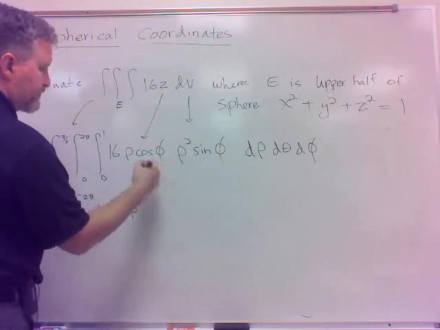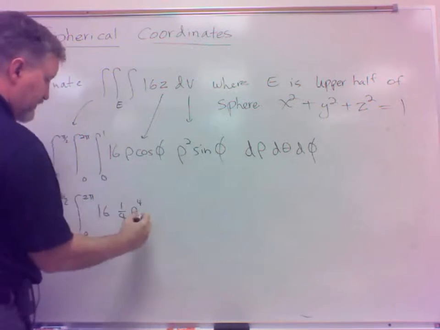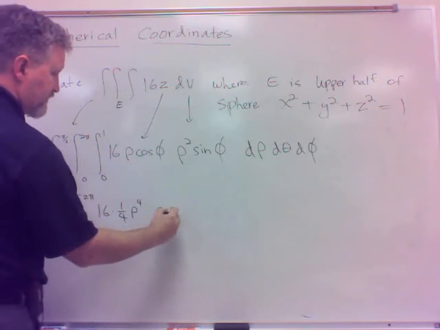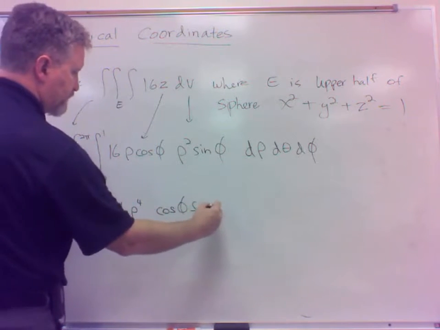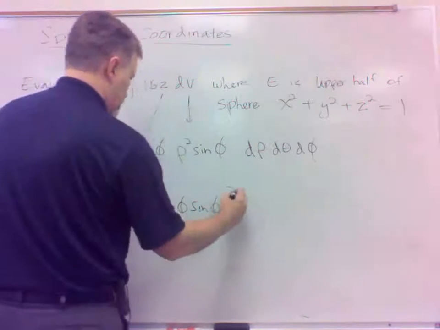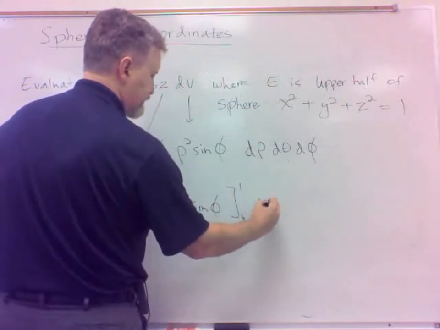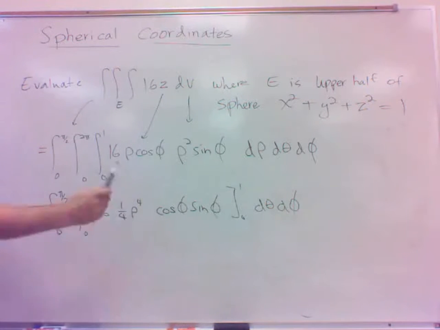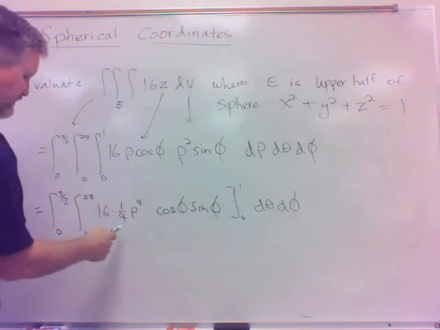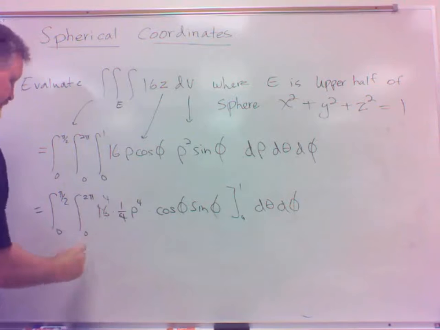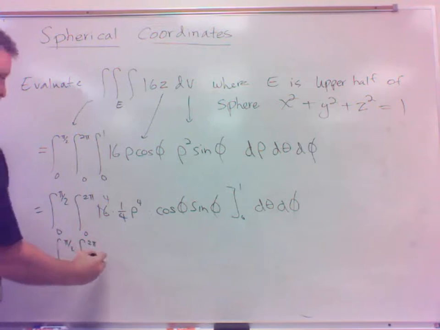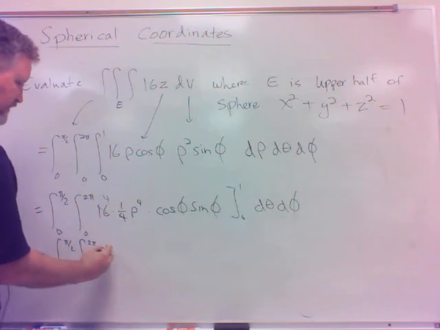Because that's rho cubed, so the antiderivative is one fourth rho to the 4th, times cosine phi sine phi, going from 0 to 1 for rho, d theta d phi. Plugging in 1 for rho, you get 1, and that of course reduces the 16 to 4. So we have 0 to pi over 2, 0 to 2 pi, and we just have 4.